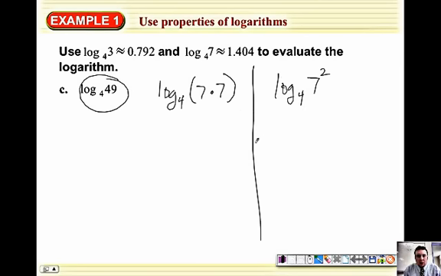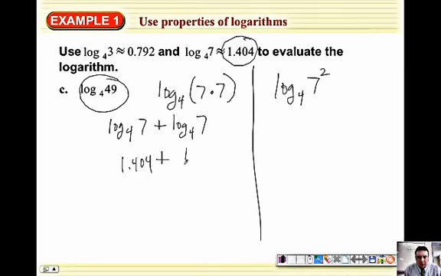Probably a little easier to do it this way, but let's do it both ways. Log base 4 of 7 plus log base 4 of 7, which equals this plus itself, 1.404 plus 1.404, which would be the same thing as doing this over here.